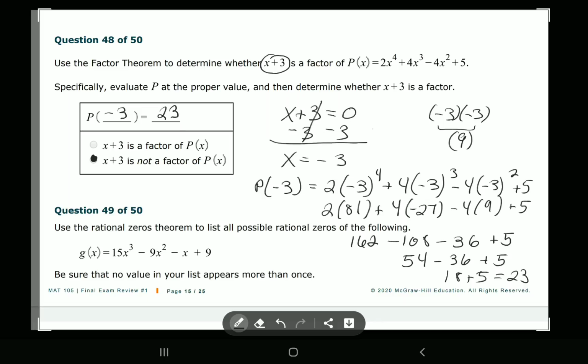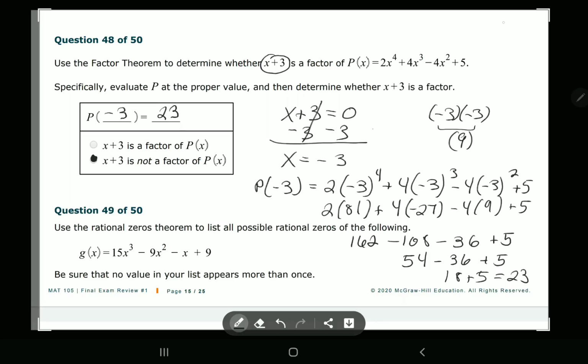If the output is 0, the remainder is 0. And if the remainder is 0, that means your divisor, in this case x plus 3, would indeed be a factor of p of x. Because it's not 0, it is not a factor. Make sure you have these steps down, because I'm going to show you guys how to do it the long division way.